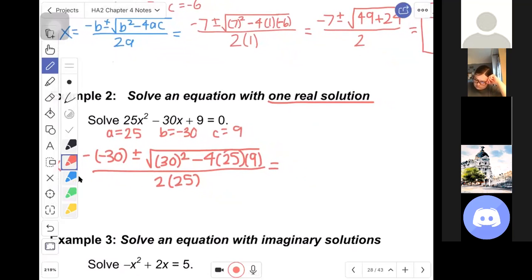We know a negative and a negative will give us a positive. 30 squared gives us 900. And Riley, what do we get when we get -4 times 25 times 9? I think you would get -900. Yeah.